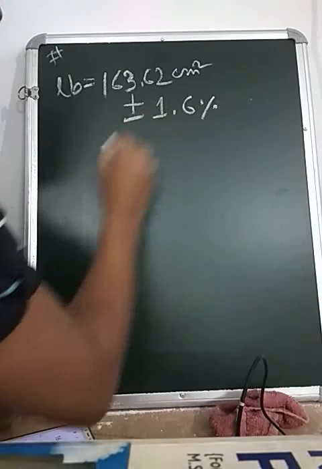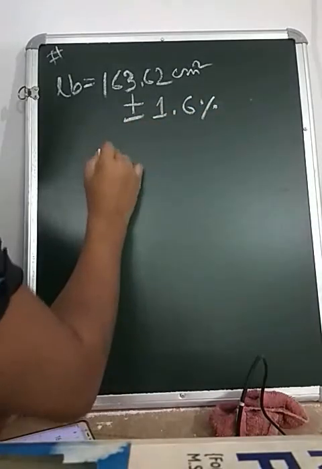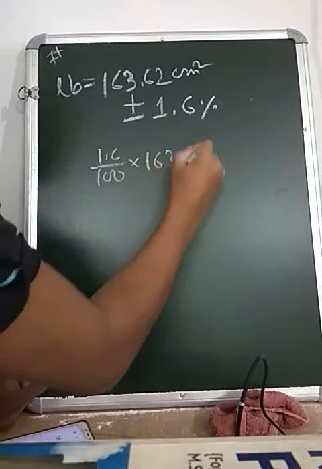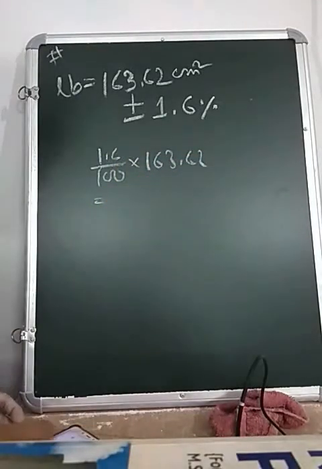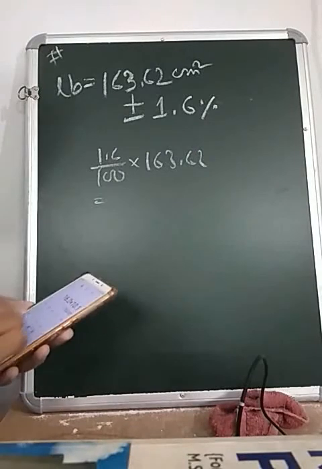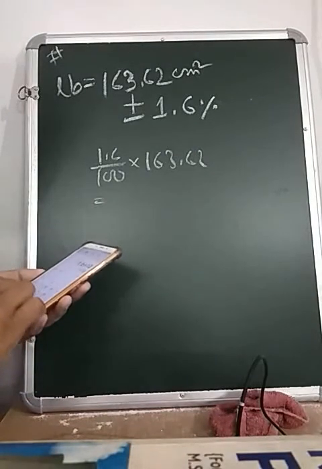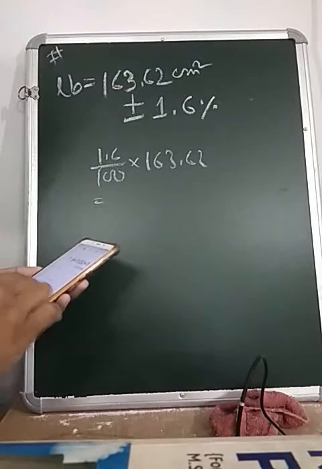So 1.6% of 163.62, how much will it be? 1.6 divided by 100 into 163.62.